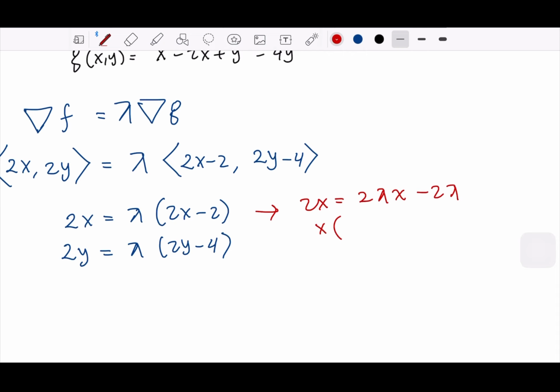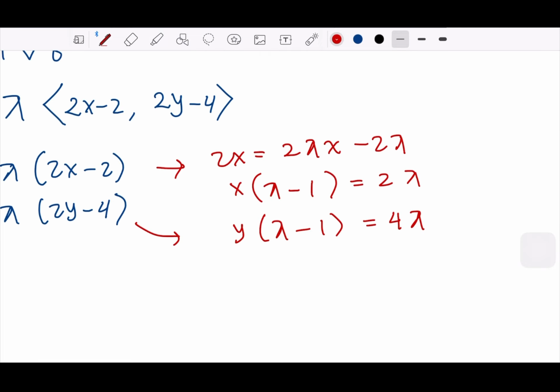And this is becoming x times (one minus lambda), or let me write, x(lambda minus 1) is equal to lambda. Okay. And the second one we have the same but with a different multiplication of lambda. Okay.